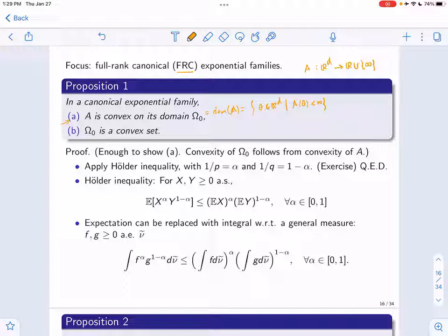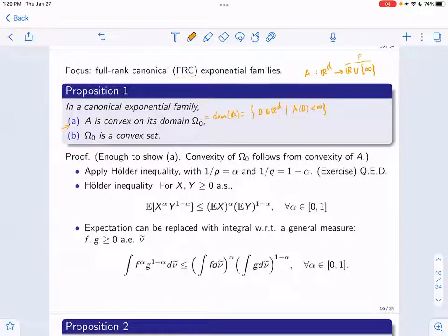And so the point here is that this function is convex. And a follow-up to that is that the domain of any such function would be a convex set. This follows because the domain of any convex function is a convex set.